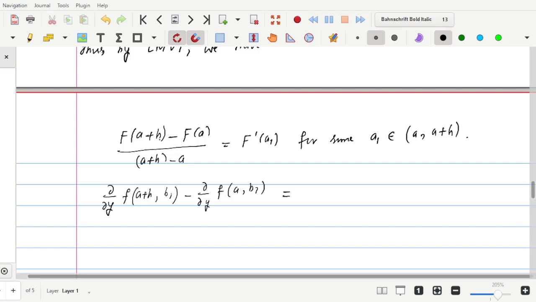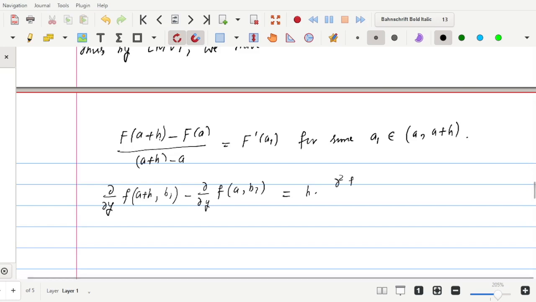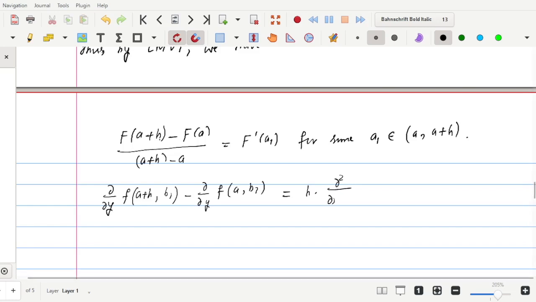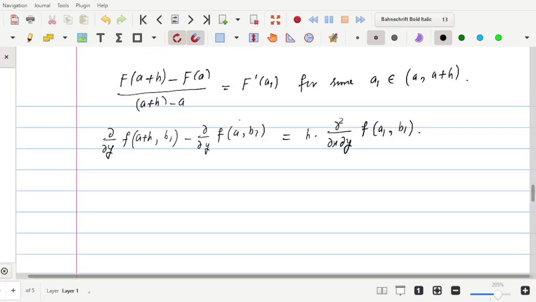On the right hand side, we can write this as h times F dash, which is del square by del x del y for the function f at the point a1 comma b1. Let's call this equation number 2.